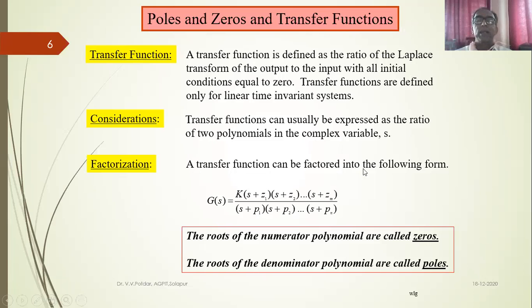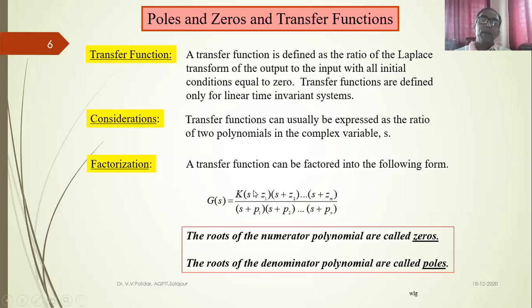A transfer function can be factored into the following forms. So G(s) is equal to K into s into a bracket. The factors can be of a variety of types. Let us take first order factors: K into s into (s+1)(s+2)(s+3), right?